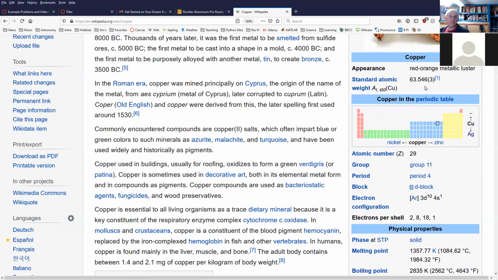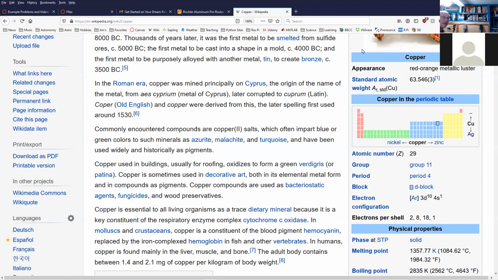Let's just pick 64 grams per mole, or 1 mole over 64 times 10 to the minus 3rd kilograms. That'll get rid of kilograms, times 6.02 times 10 to the 23rd atoms per mole.